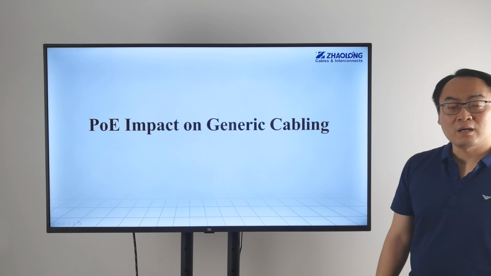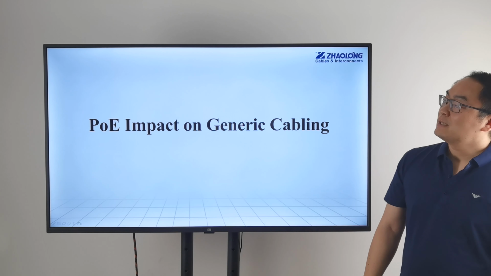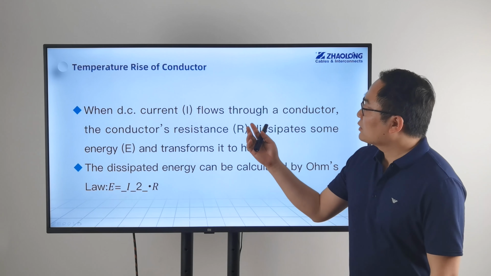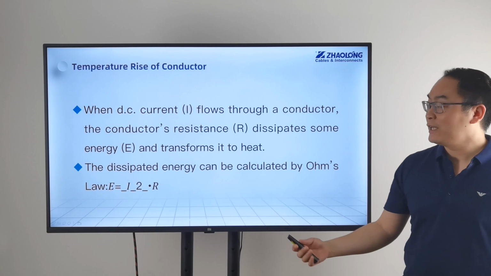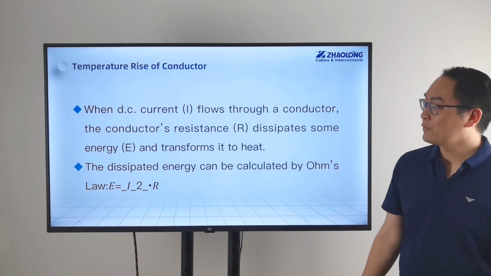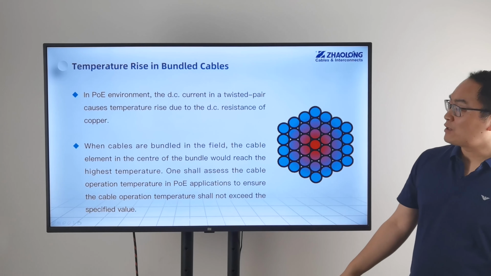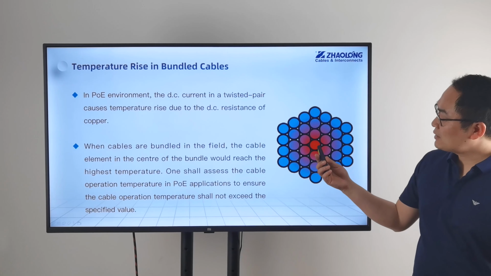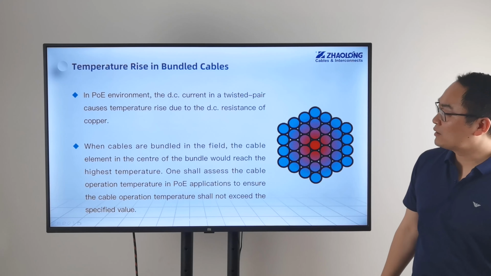Now let's talk about how the POE will impact your cabling system. When the DC current flows into the conductor, the conductor resistance will dissipate some of the energy into heat. So you can calculate this energy by Ohm's law. Imagine in a real-life installation environment, people tend to bundle the cables together. So you can see the central element of the cable will be the hottest point in the whole bundle.